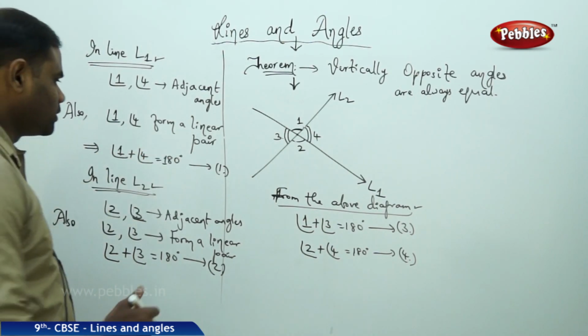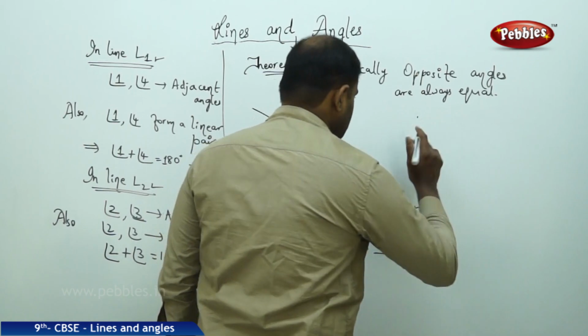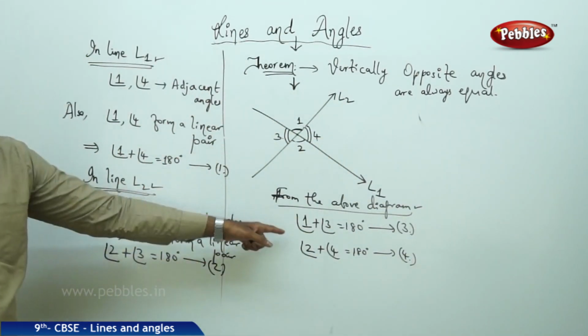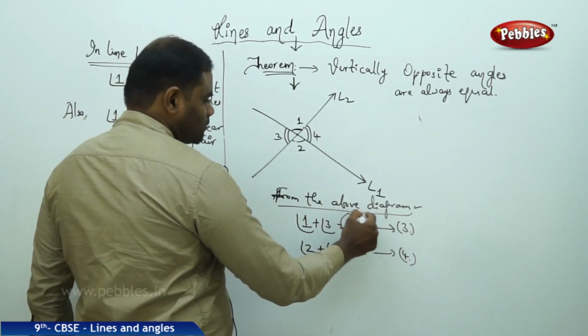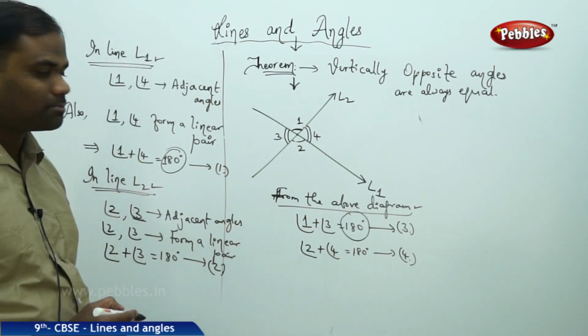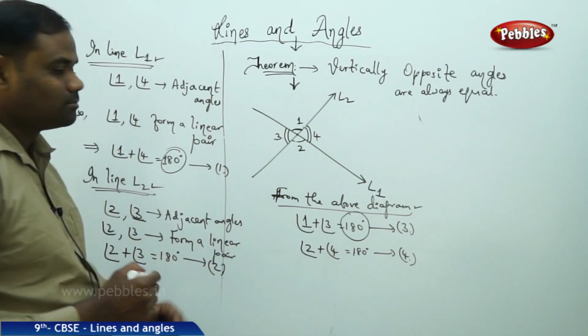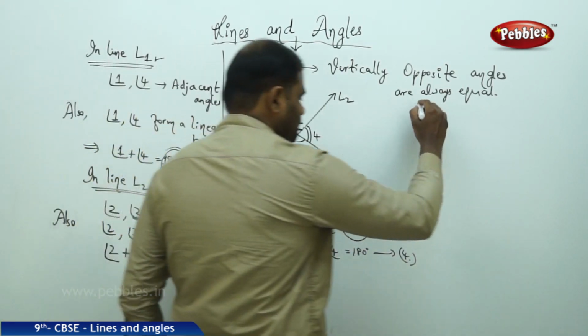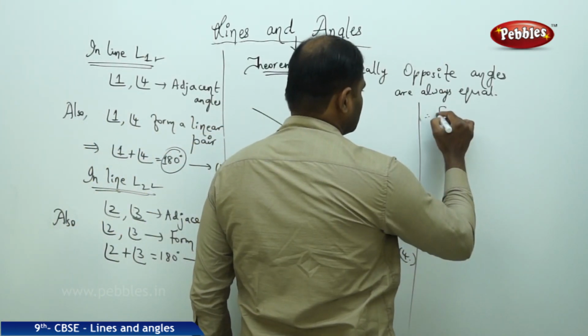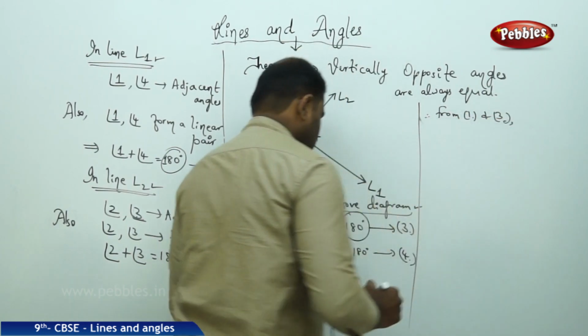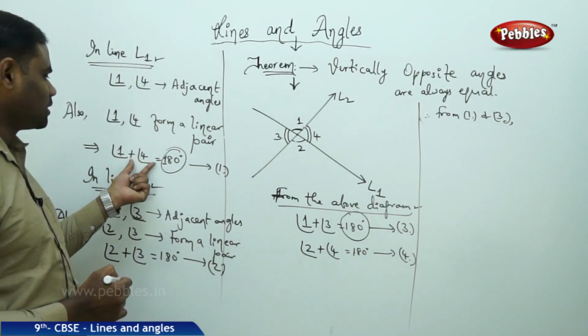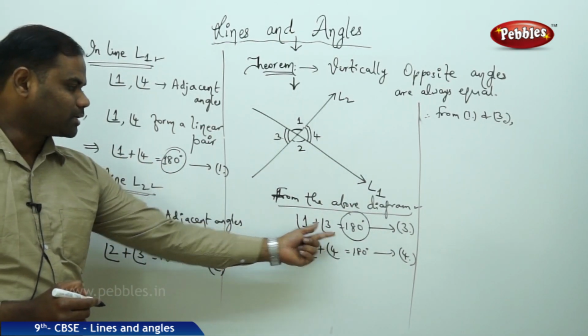From equations 1 and 3, I see that the right hand side is 180 in both. By the transitive property, both the left hand sides must be equal. Therefore, angle 1 plus angle 4 is equal to angle 1 plus angle 3.